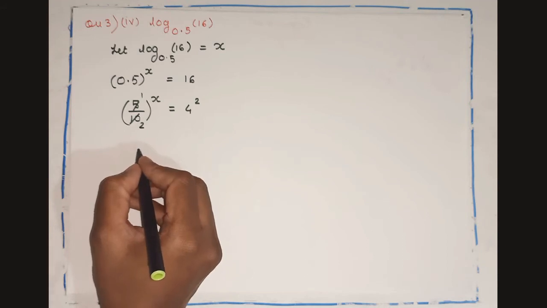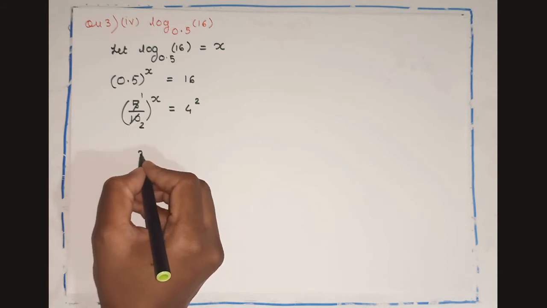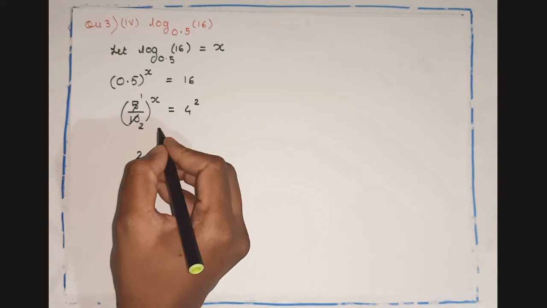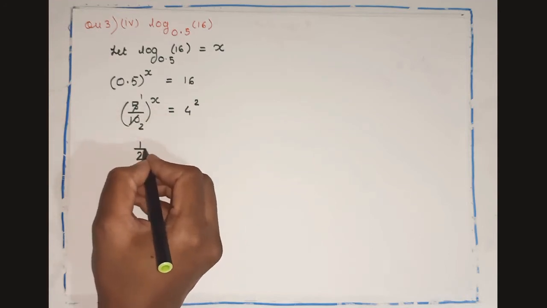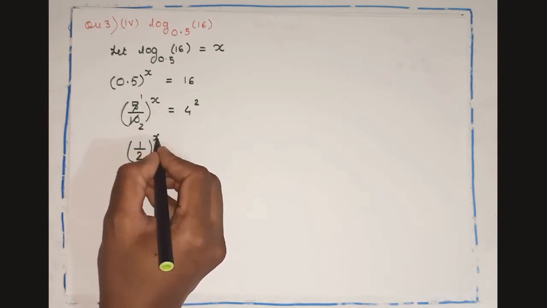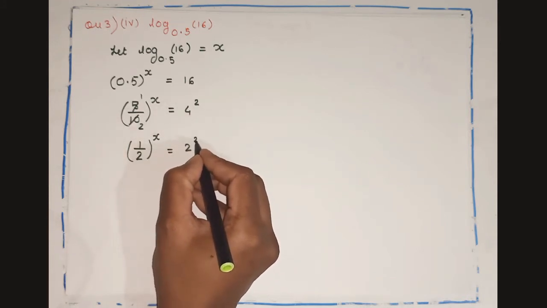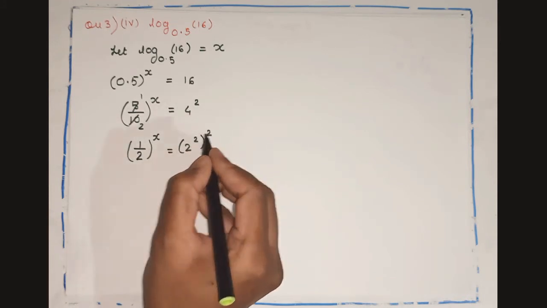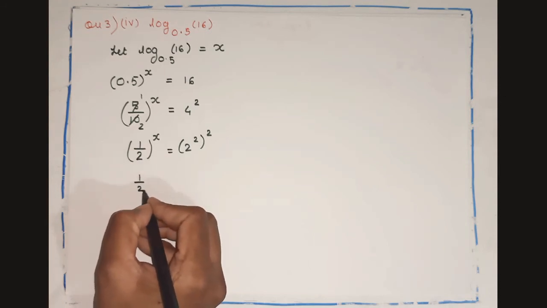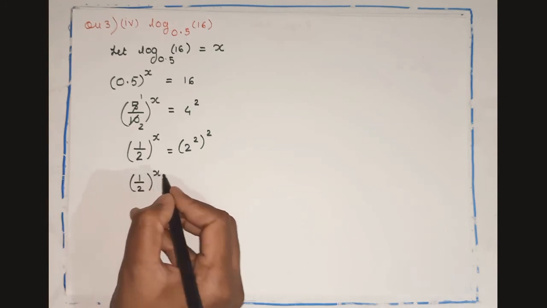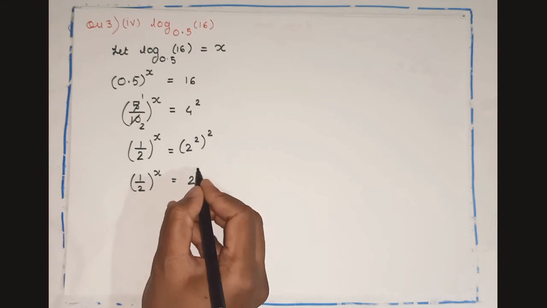Half I can write as 1 upon 2, to the power x. Then 4 means what? Again 2 square. So half to the power x equals 2 to the power 4.